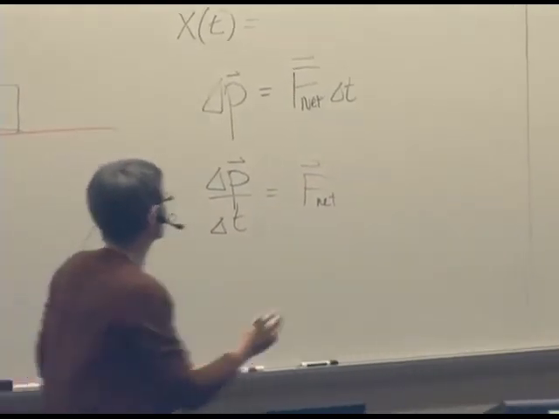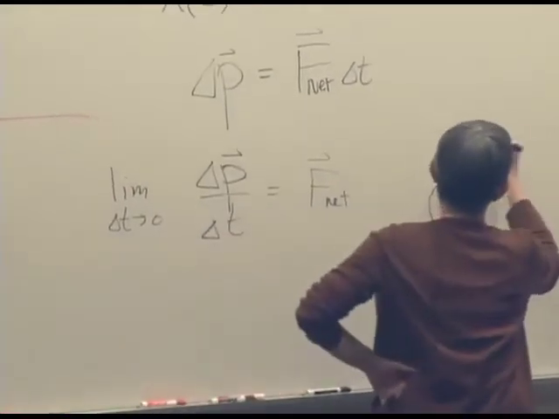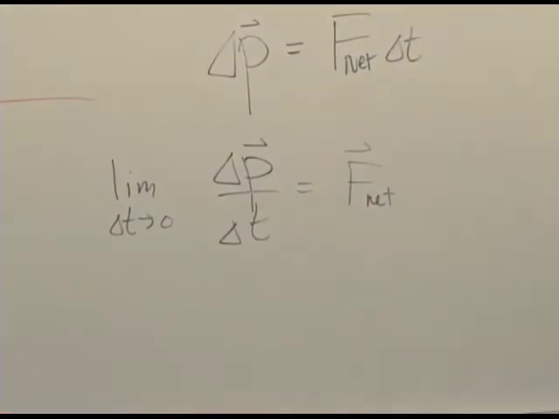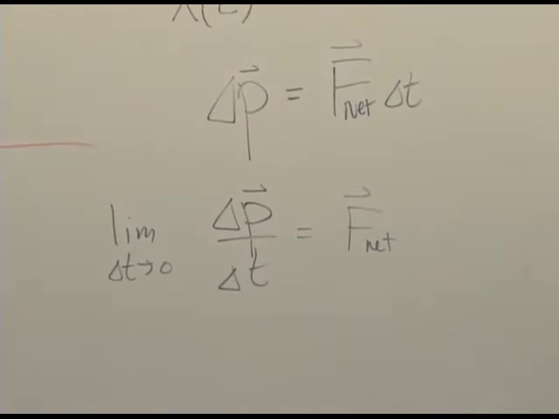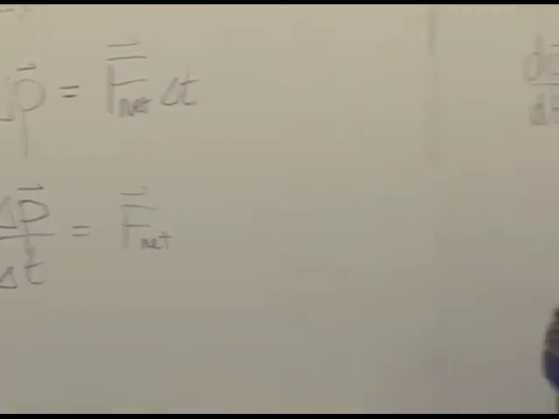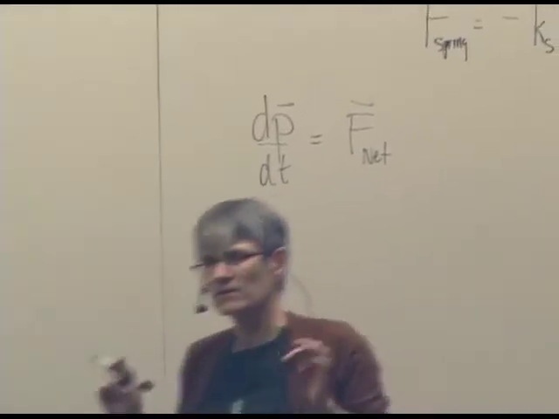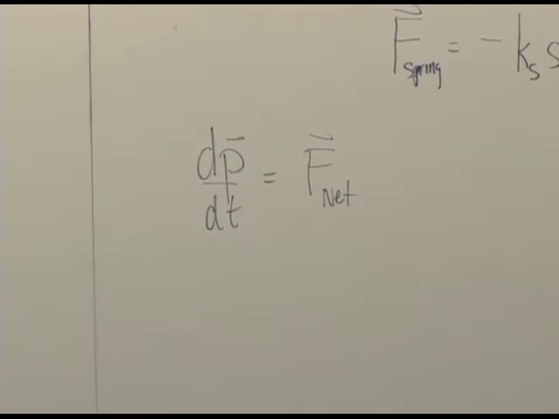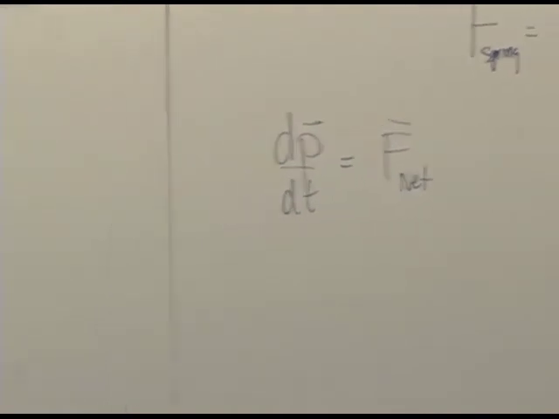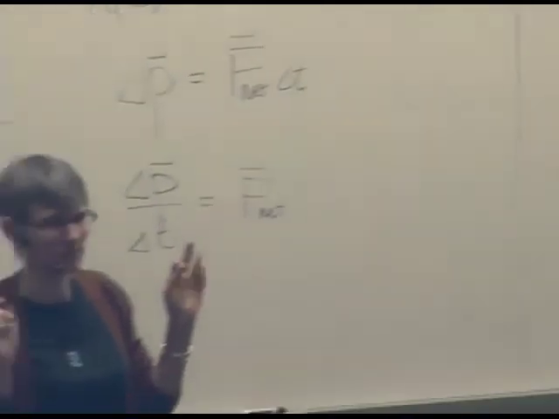And so, of course, what we get is a derivative. So we get dp dt equals F net. The rate of change of momentum of our system at any instant is equal to the net force applied to the system at that instant. So this is the instantaneous version of the momentum principle.